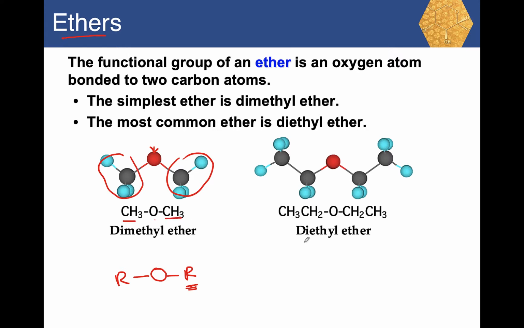Here's another example. Here's the oxygen, and in this case an ethyl group bonded to another ethyl group, as drawn out using the model set, or we can just write CH2 bonded to oxygen and bonded to another CH2. We'll give the name in a second.